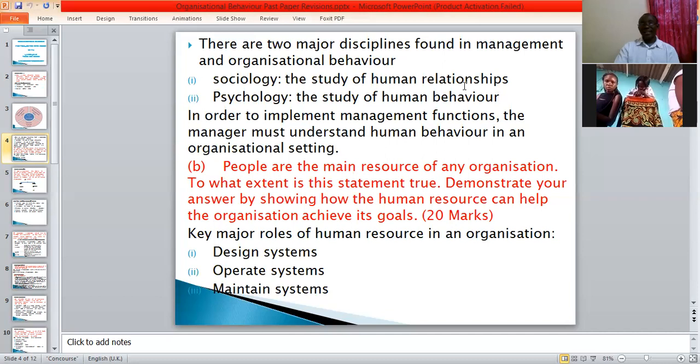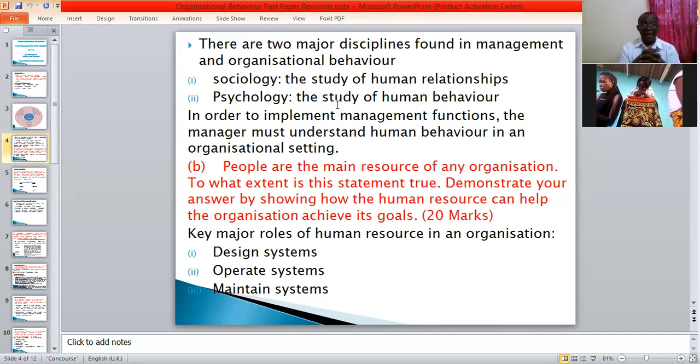And this understanding of human behavior, you get it from organizational behavior. So that's the relationship. So you can't separate management theory from organization behavior.